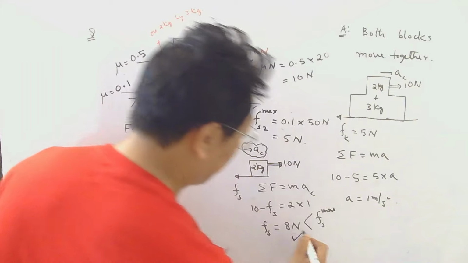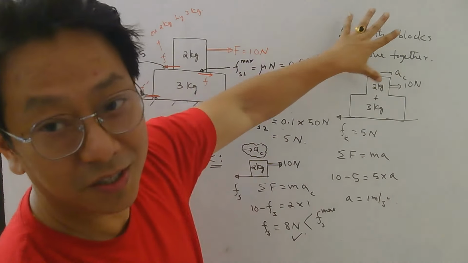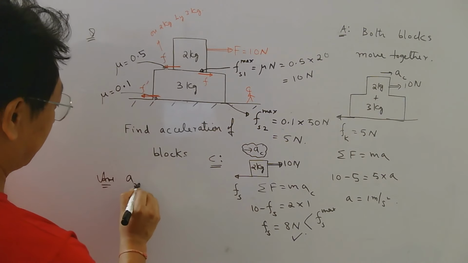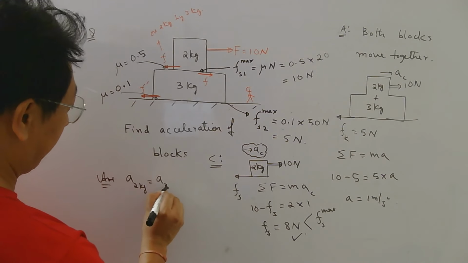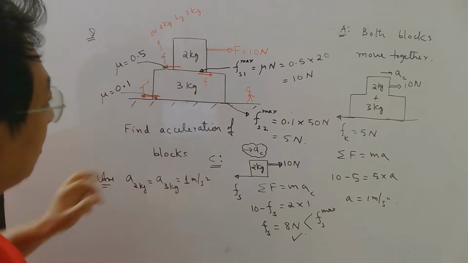So this is possible. So since this is possible, it means our assumption is correct, and therefore the answer is: acceleration of 2 kg and acceleration of 3 kg both are 1 meter per second square.